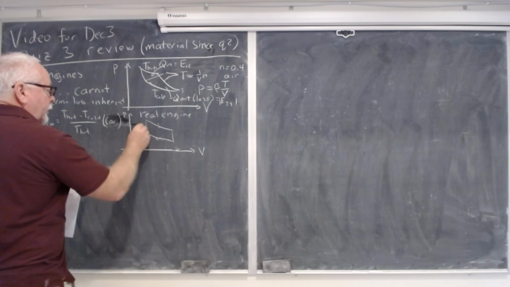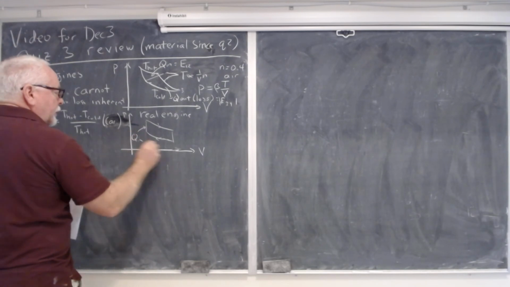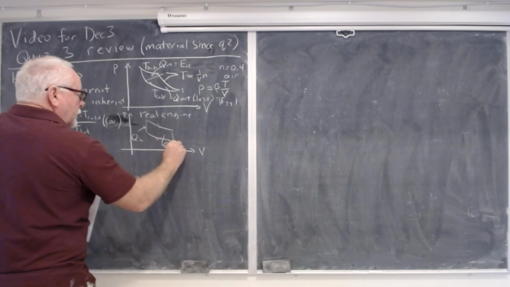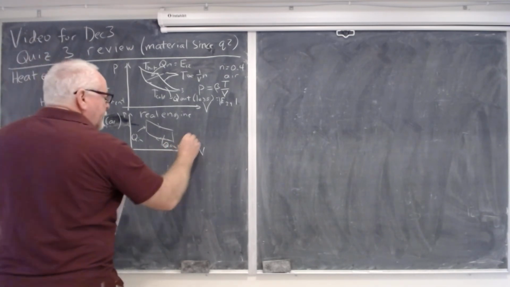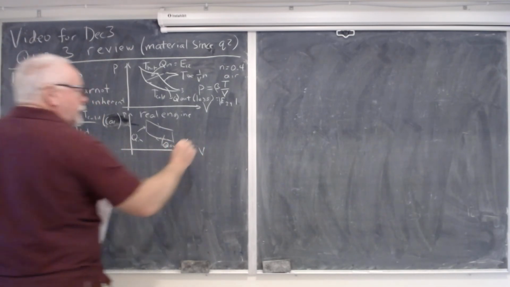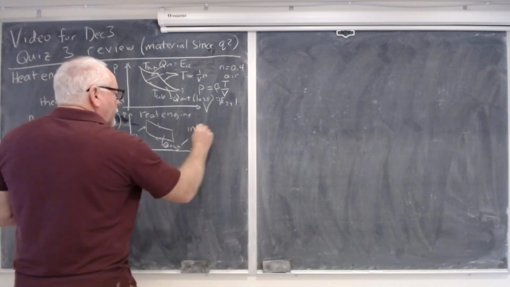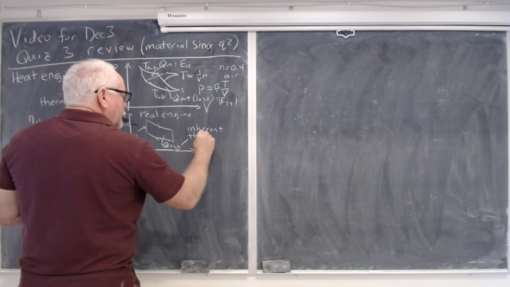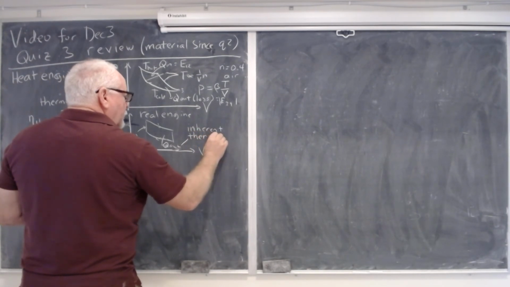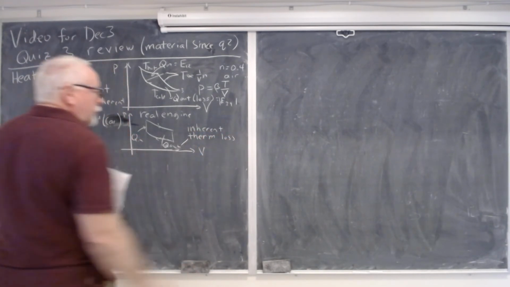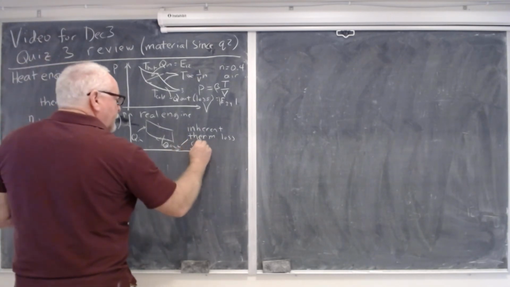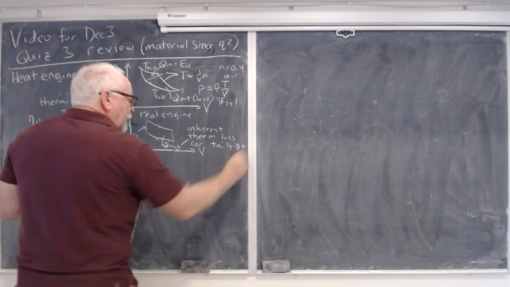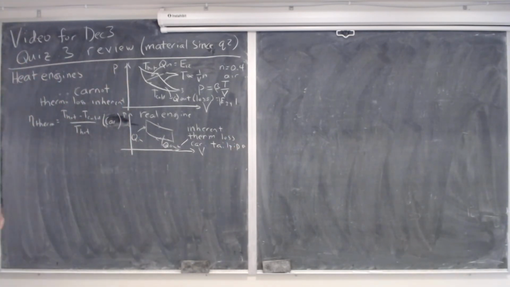In the real car engine, Q in goes there, and Q out goes there. And the point is that a real engine also has inherent thermodynamic loss. And in a car, that's out the tailpipe.